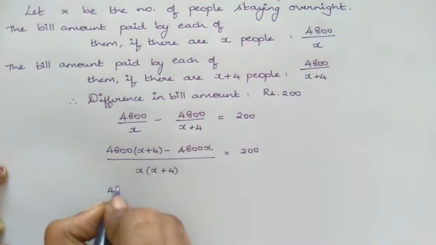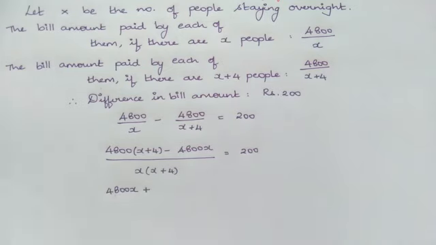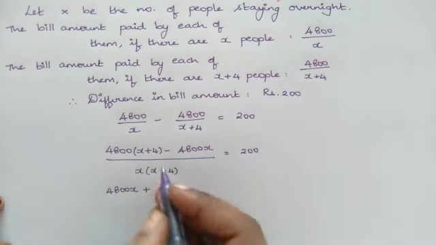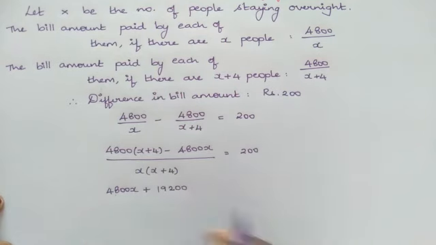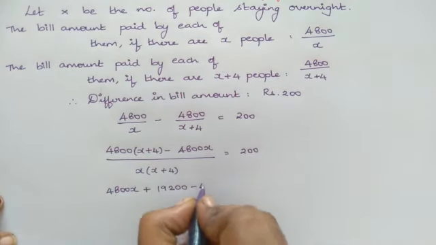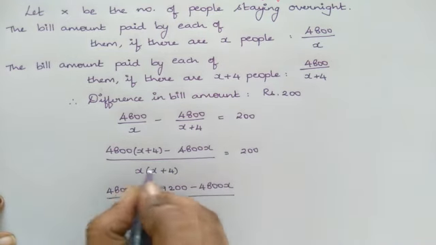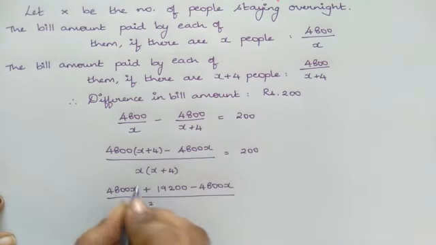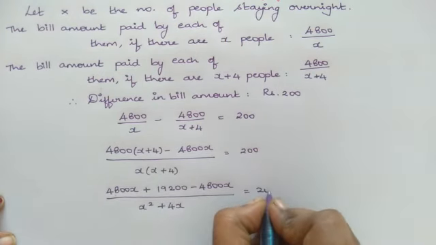4800 into x, 4800x plus 4800 into 4, that is 48 into 4 will be 192 and 2 zeros. That's a constant, so let's leave it. Minus 4800x by x into x, x square, x into 4, 4x, which is equal to 200.